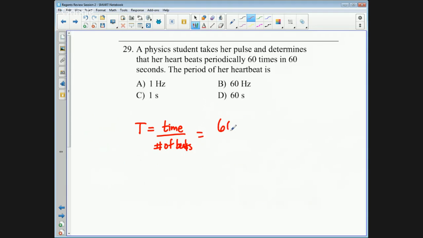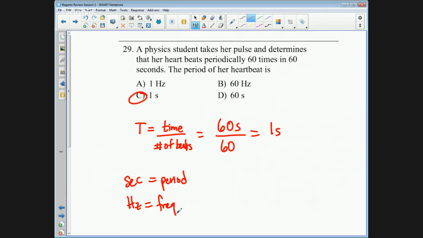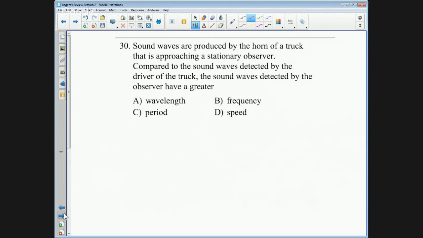So we have 60 seconds over 60 times, which is 1 second. So period is 1 second. Notice they put hertz here to confuse you, right? Hertz is frequency. So seconds equals period, hertz equals frequency.